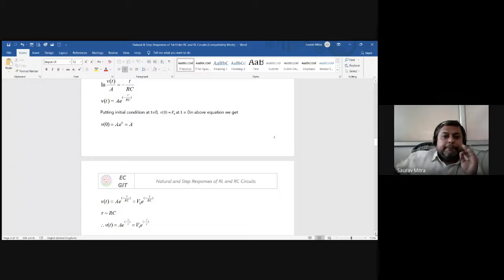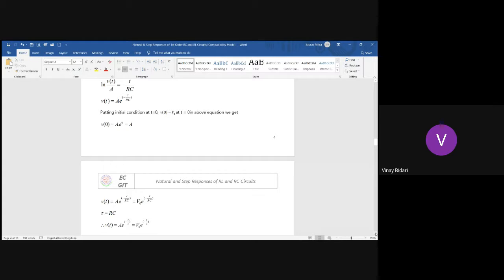What is the relationship between time constant and resistance? For the inductive circuit, it is an inverse relationship. The more the value of R, the less the time constant. In the case of the RC circuit, it is a direct relationship. The more the value of R, the higher the time constant. Vinay, understood? Yes, sir.